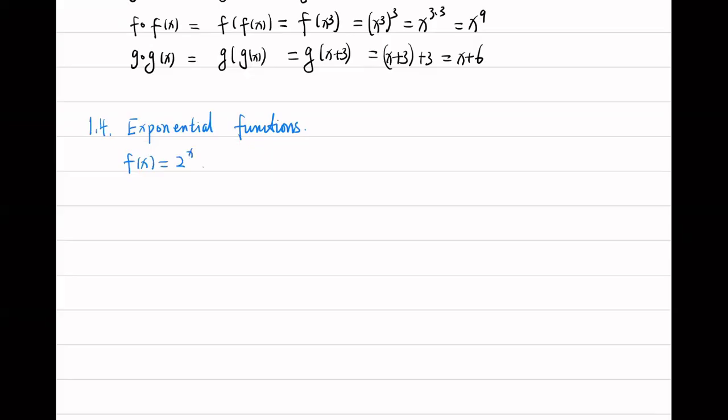We compared with x squared. So this time the variable is on the power. Here the variable is the base. So this is an exponential function because the variable is the exponent. So we can graph this.